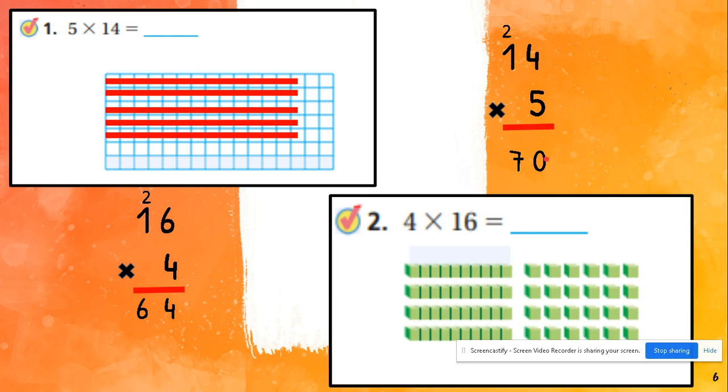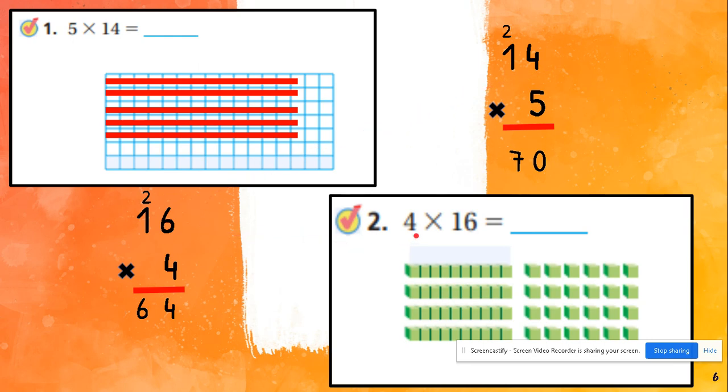You leave the 0 at the bottom, the 2 goes to the top. 5 times 1, 5, plus 2, 7. So your answer is 70. Regular multiplication. If you need to do your chart of your multiples, you can do that on the side.